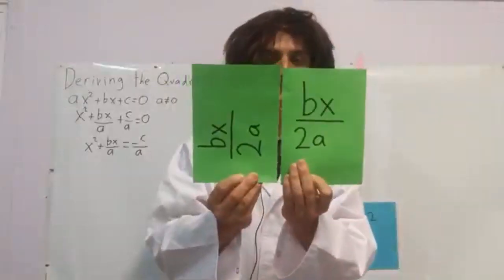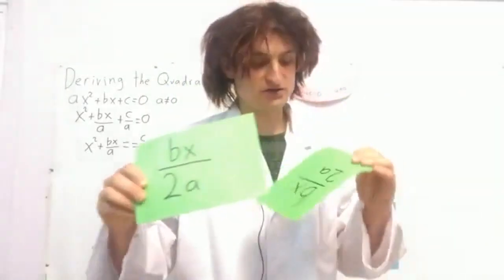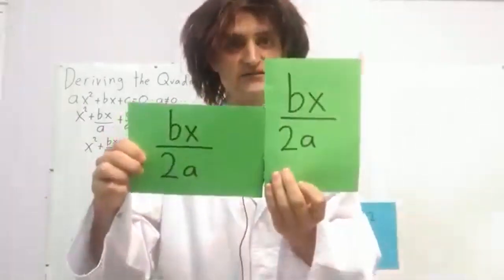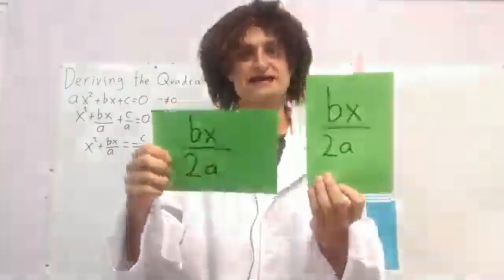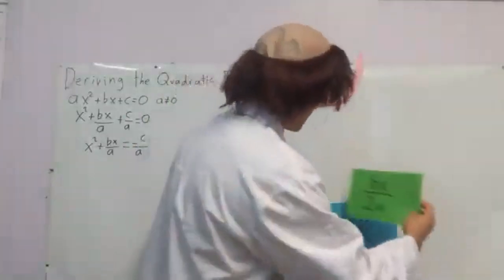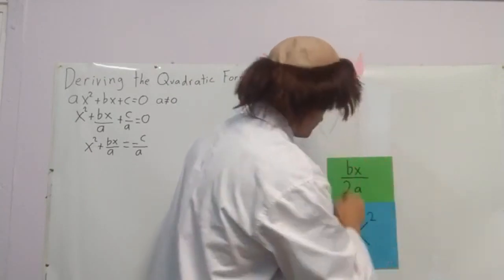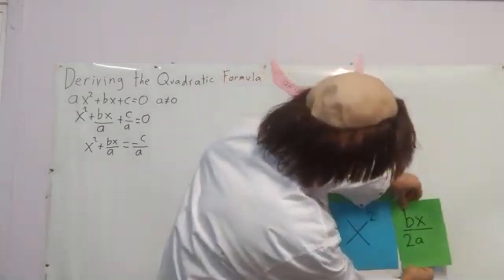Wow, it's that same piece, but it's in 2. bx divided by 2a plus bx divided by 2a. That's bx over a. Let's put it right here, one on top and one on the side.